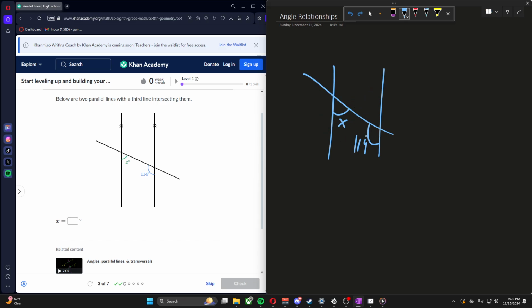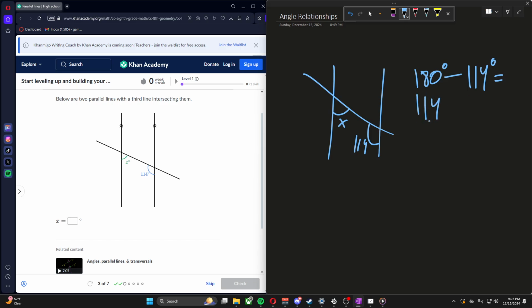Now, the easiest way we can do that is just getting whatever this angle is right here, because since these two lines are parallel, this one and this one, they will equal each other on these two fronts. So we would just take 180, the angle measurement of a half circle, minus 114.